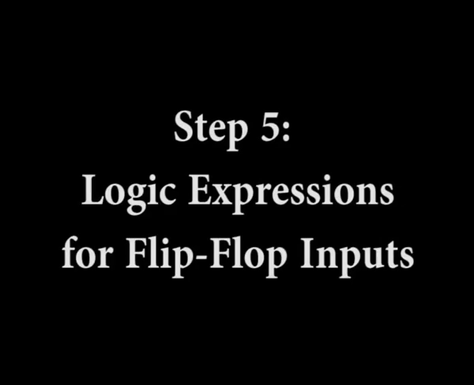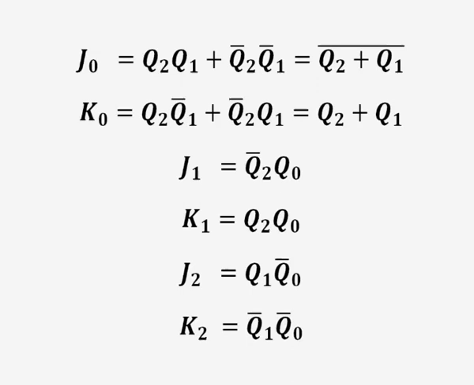Step 5. Logic expressions for flip-flop inputs. The Karnaugh maps obtained help you to obtain the following expressions for the J and K inputs of each flip-flop. J0 is equal to Q2 into Q1 plus Q2 bar into Q1 bar, and is equal to (Q2 plus Q1) whole bar.